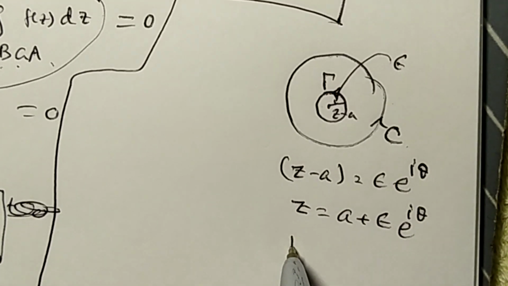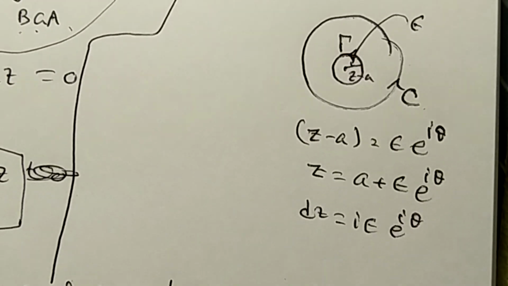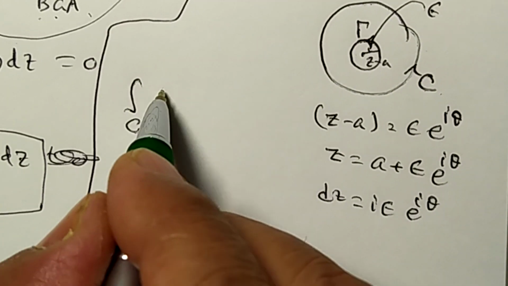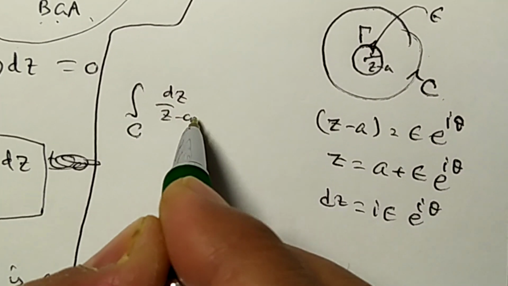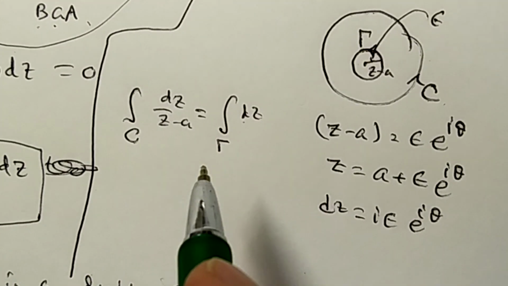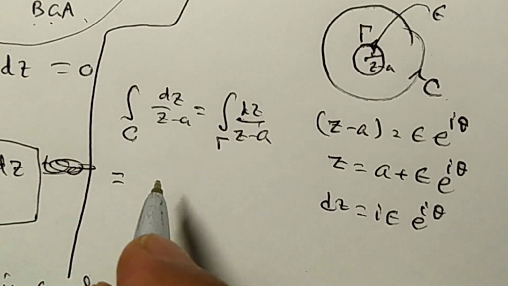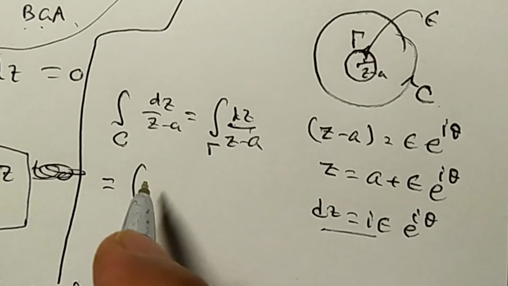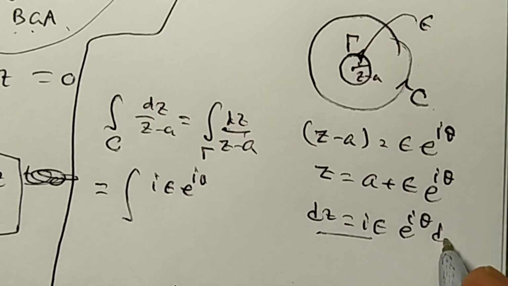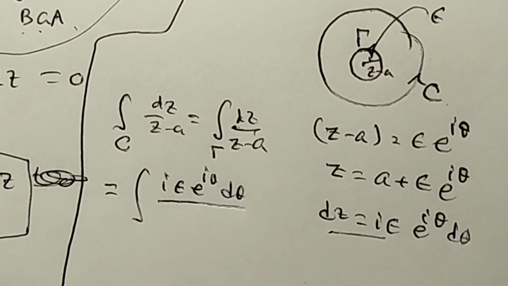Then dz equals i epsilon e to the power i theta d theta, right? Then integration over C of dz by z minus a should be equal to integration over tau of dz by z minus a, which is i epsilon e to the power i theta d theta divided by z minus a.